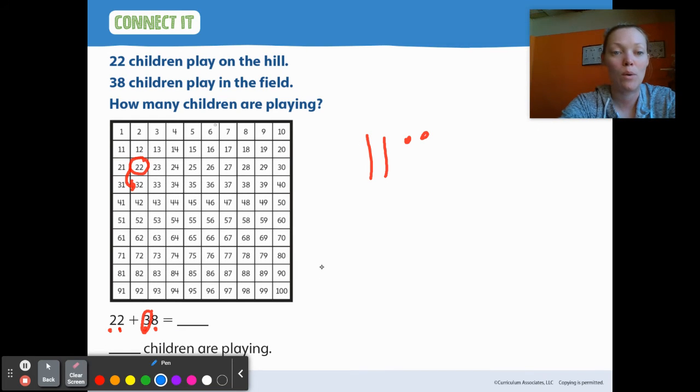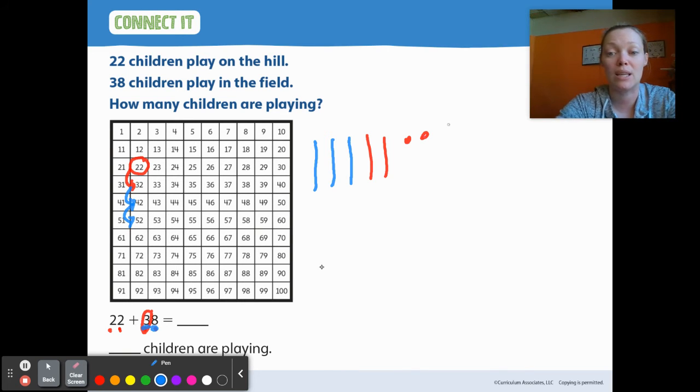Okay, so I want to add 38. So if I add another 10, that brings me to 32. If I add another 10, 42, another 10, 52. So now I've added 3 10s, but I still need to add 8 more 1s.